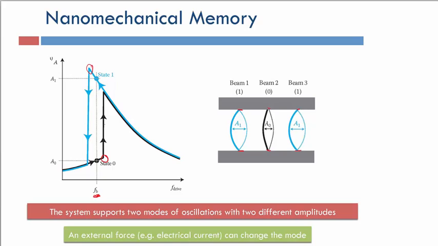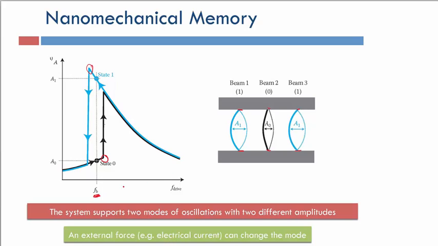So at the same driving frequency, the amplitude of oscillation can be either a high one or a low one. And the way that you can get the system to switch between oscillating at the high amplitude versus the low amplitude is with an external force like an electrical current.